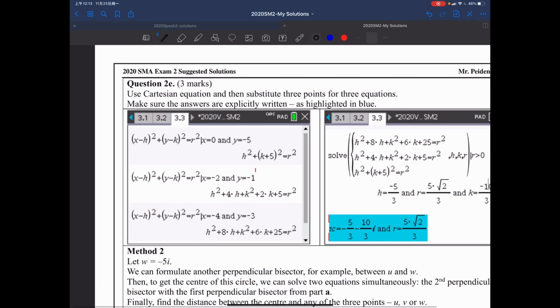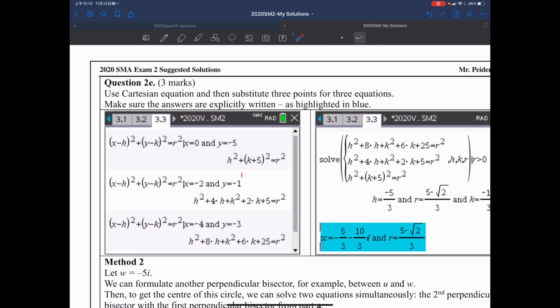One possible method is that you can write down the general form, the standard form for any circle. X minus h squared plus y minus k squared equal to r squared. And you realize there are 3 parameters you need to determine the values for. So I substitute x equals 0 and y equals minus 5.